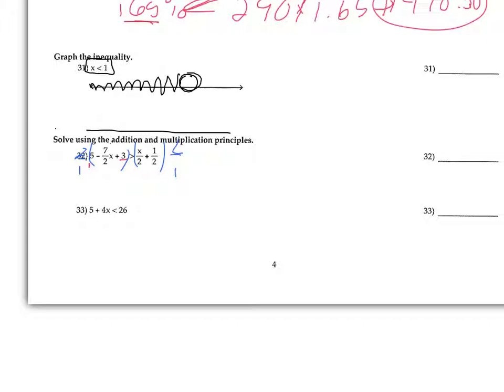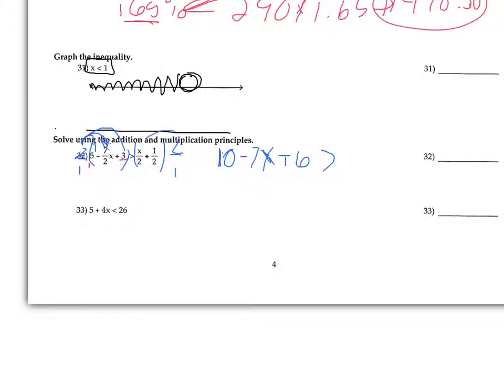So in our distribution here, 2 times our 5 is 10. When we multiply in here, 2 times our 7 is 14, but divided by 2 is 7, so we have negative 7x. This final distribution, 2 times our 3 is 6, so we have plus 6 is greater than.